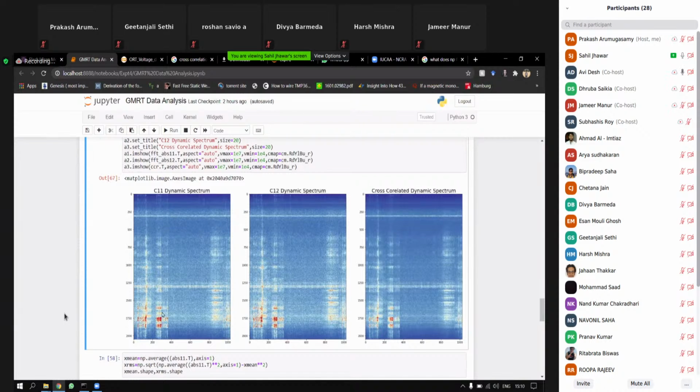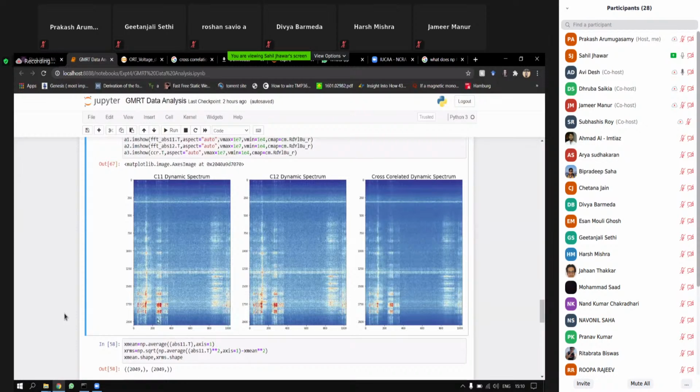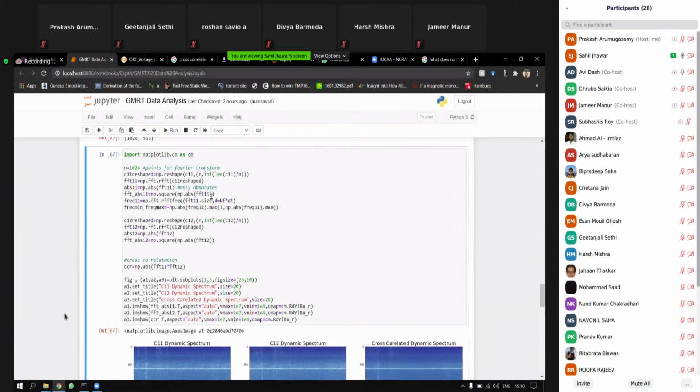Yes, the number of times you take the transform will remain the same. But sir, the number of points for the transform, I didn't set it. I used whatever numpy takes by default.